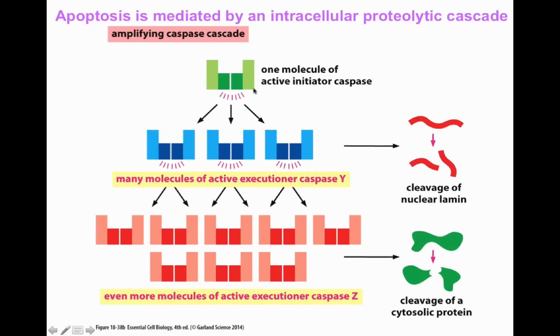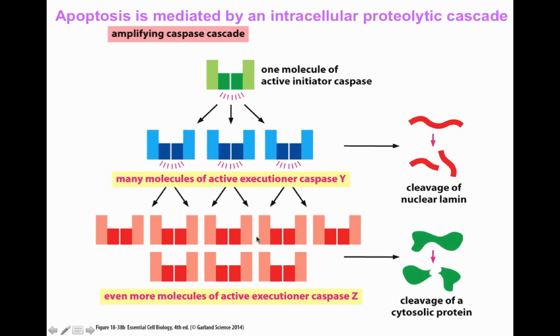Now, those caspases are going to activate a cascade of apoptotic molecules. One molecule that is an active caspase is going to be able to mediate the proteolytic cleavage of other caspases, and those other caspases are going to target some proteins, for example the nuclear lamins, which is going to destroy the nucleus, but they're also able to activate other caspases.